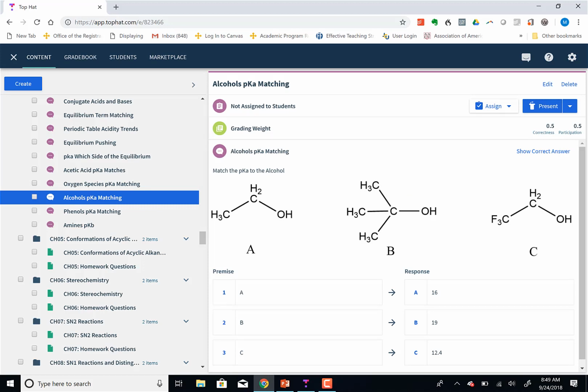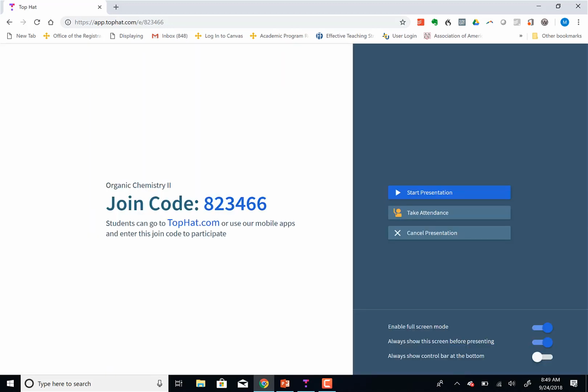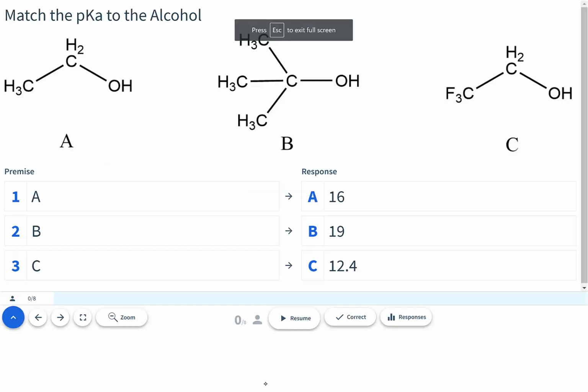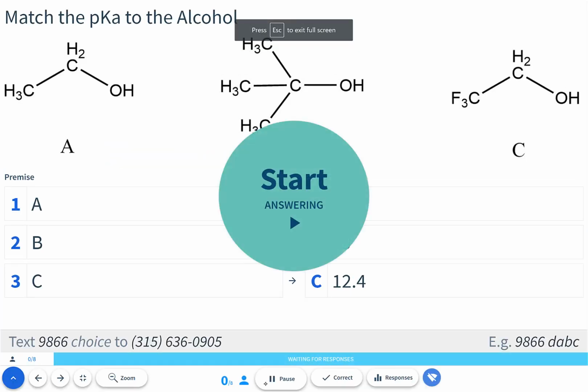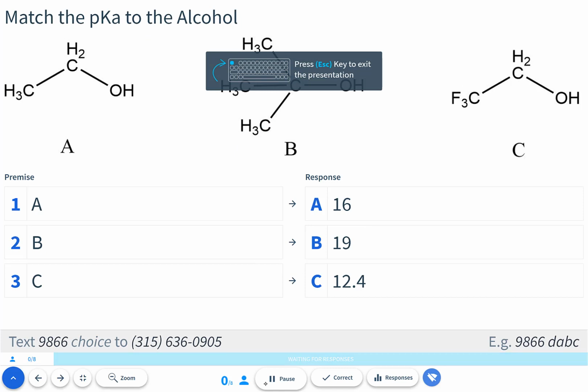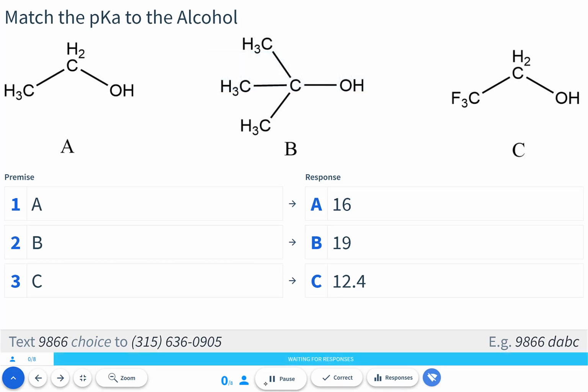So if I'm looking at these 3 alcohols, I'm going to have to figure out a way to take that O- in the conjugate base and spread it out.